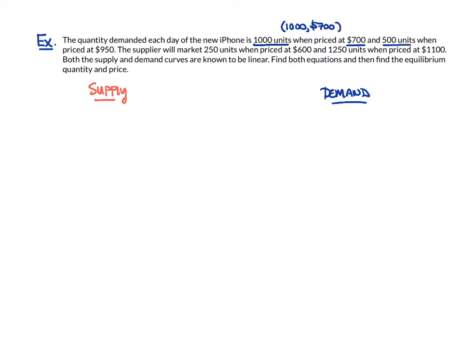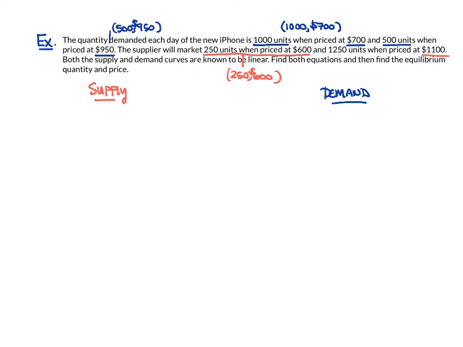Then I have 500 units when the price is $950. So that's going to be an ordered pair with 500 units at $950. Those 2 ordered pairs are going to live on the demand side of the curve. For supply, the supplier wants to sell 250 units when they're priced at $600. So you'll have the ordered pair (250, 600).